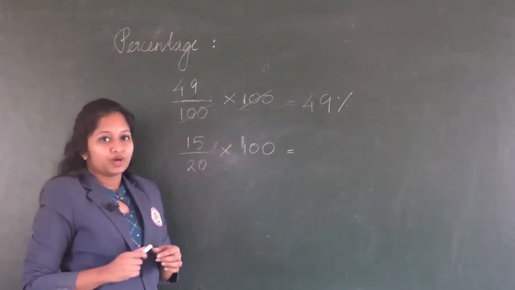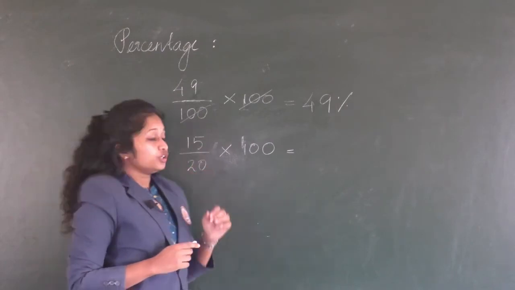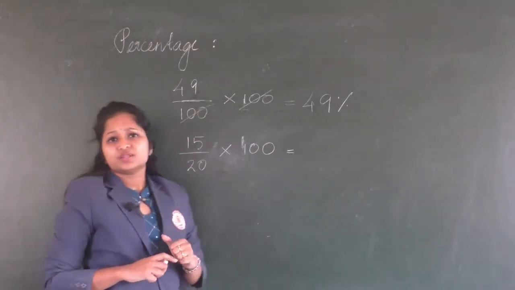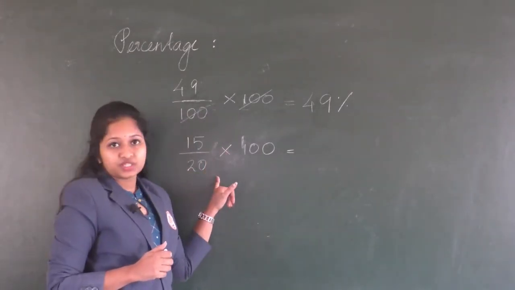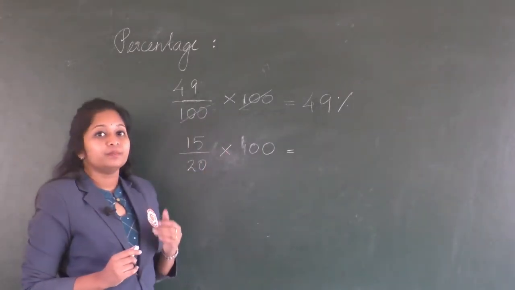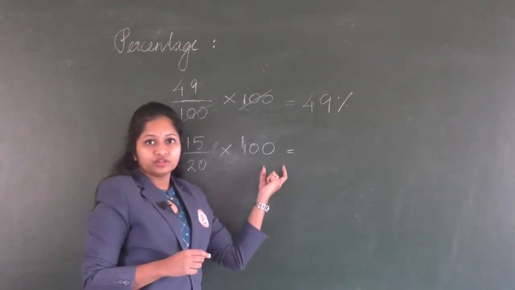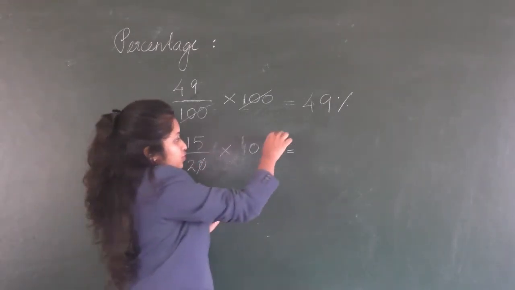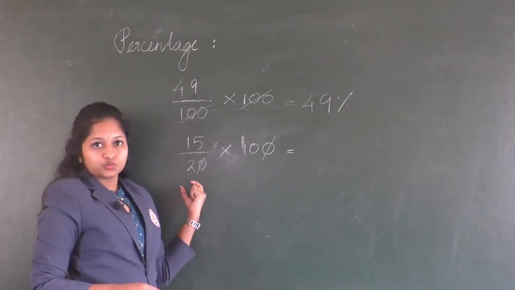And then if we have marks out of 20 and we got 15 out of 20, then what is the percentage? We can write 15 by 20 and multiply that by 100. So when you multiply by 100, here we can cancel 2 zeros, and it is 10 by 2.